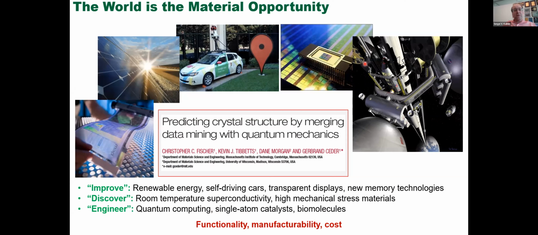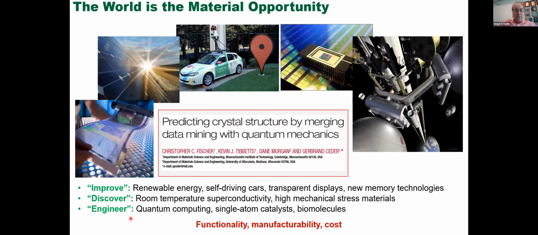So let me start with the motivation. Obviously we live in the materials world. And if we want to make better materials for energy, self-driving cars, the displays, we need to improve the existing systems. If we want to come up with fundamentally new capabilities, we need to discover new materials, such as room temperature superconductors, new materials with a high mechanical stress, and so on. Very often we need to engineer materials.